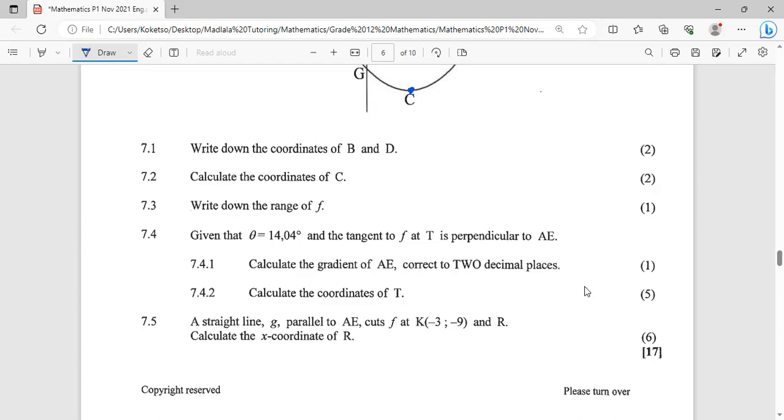Because R is another point of intersection of the two functions. Yes, so let's go to the heart of it.